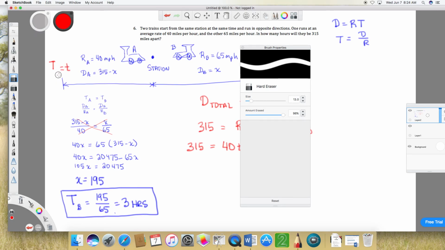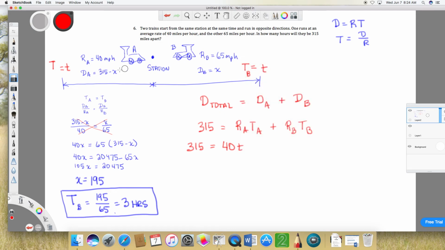Isn't this train A over here? All right. The other train traveling at 65 miles per hour was also on the tracks for that same length of time.